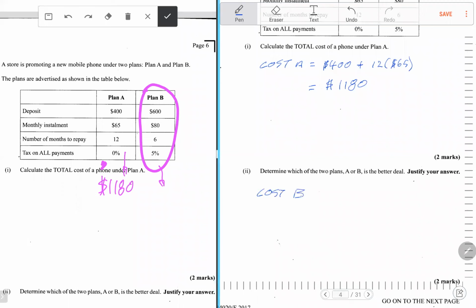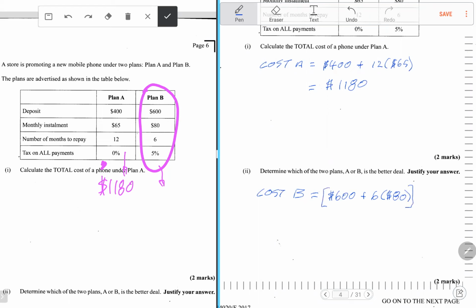Cost B would be equal to the total that you're paying, which would be $600 deposit, and then you're going to do 6 payments of $80 each. So that will be 6 times $80. But remember now you have to also add tax.